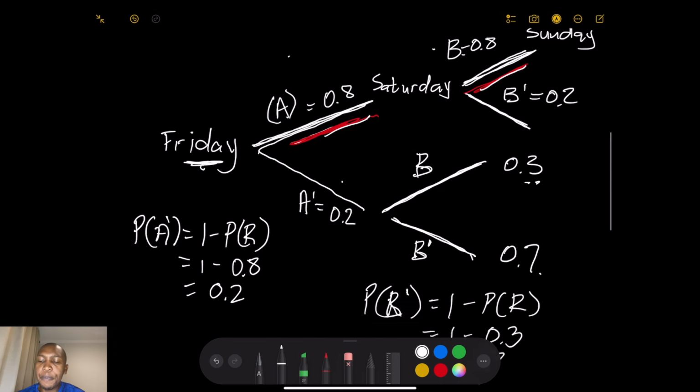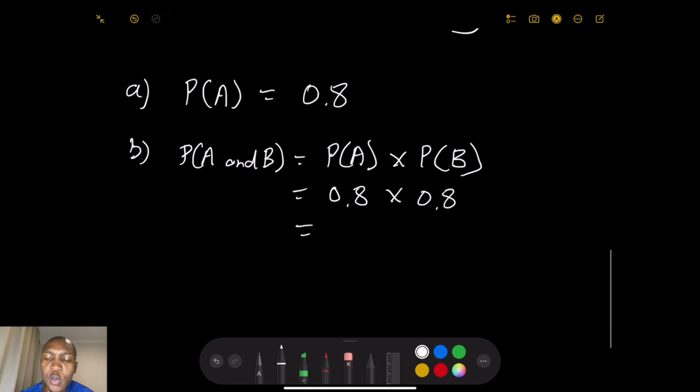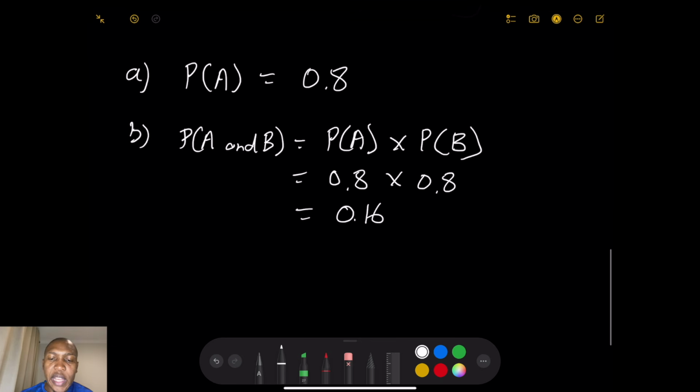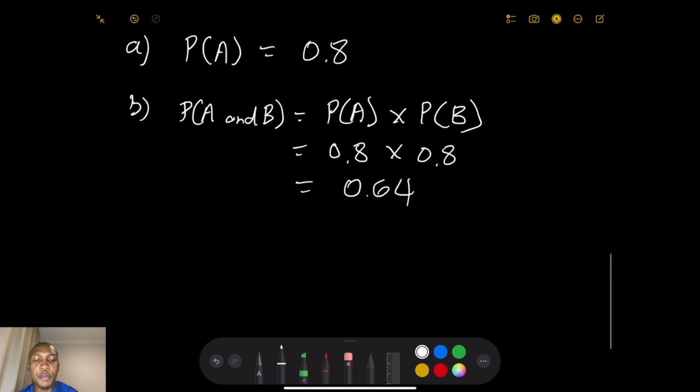So that would be the probability that it will rain on both days. Okay, I believe we'll get 0.16. We can just quickly verify that through our calculator. All right, so that would be how we would tackle B. Going to the next one. Actually, I just made a mistake on the previous one. Sorry, that is 0.64, not 0.16. So this would be 0.64.